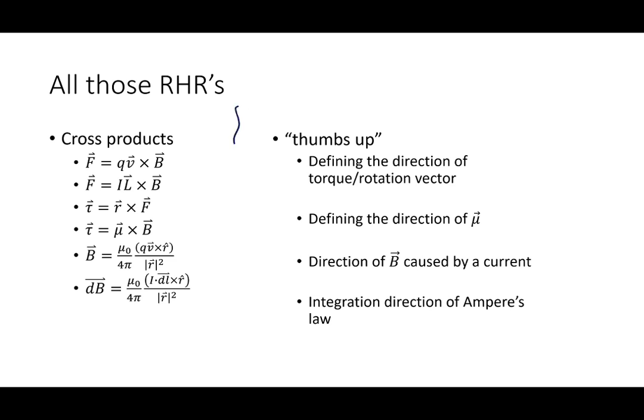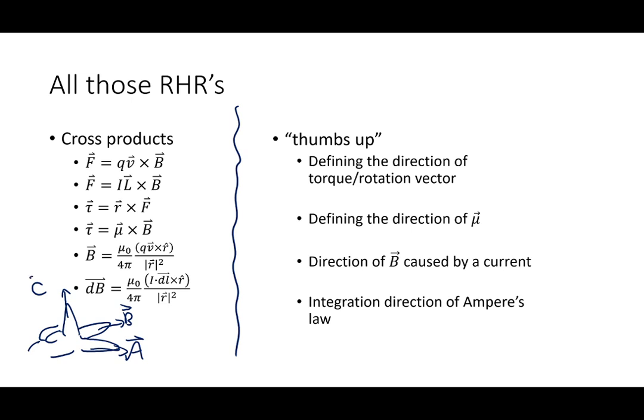The way I organize it for myself is I basically have one right-hand rule that does all the cross product, right? This is the 3-finger one. If you have A cross B, then the result A cross B would be your middle finger.